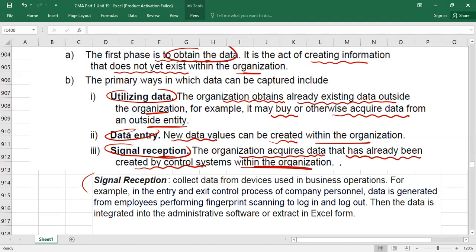For example, you have captured data over 1 year. That is data entry: how many customers visited your hospital over 1 year, their names, telephone numbers, insurance companies, what kind of disease they have, etc. Now, what is signal reception? Now, in the second year, for example, I was your patient in the last year.